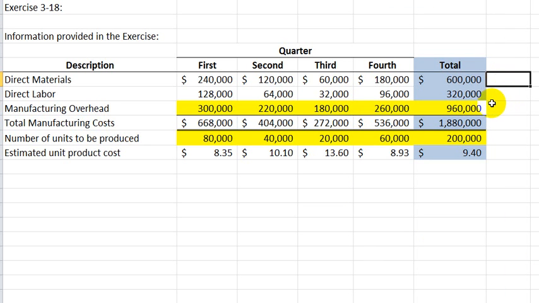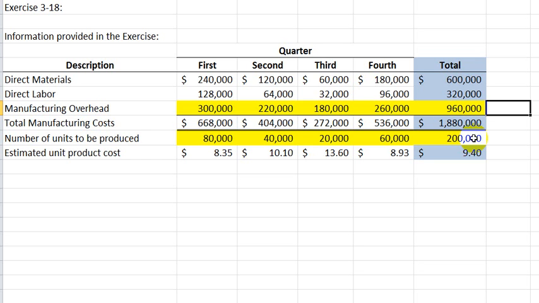As you can see, we've added the numbers across for the different quarters to come up with the total. The numbers we're interested in are on the manufacturing overhead line, where we have a manufacturing overhead total for the year of $960,000, and an estimated number of units to be produced of 200,000.